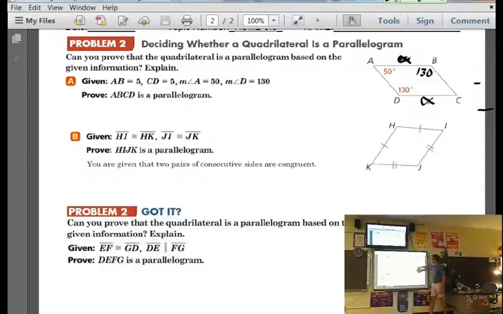Yeah. So if you knew all of those, what could we then say? Well, since they're the same angle, it'd be parallel. Yeah, we can prove all the parallel relationships based off that.